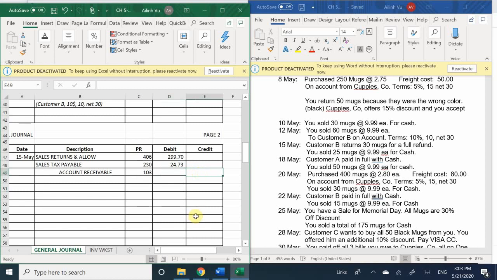So how much do we need to reduce Customer B's account? $324.43. Yes, $324.43.